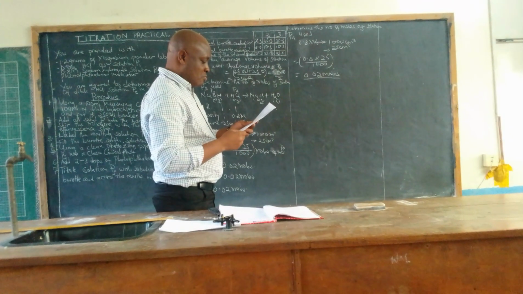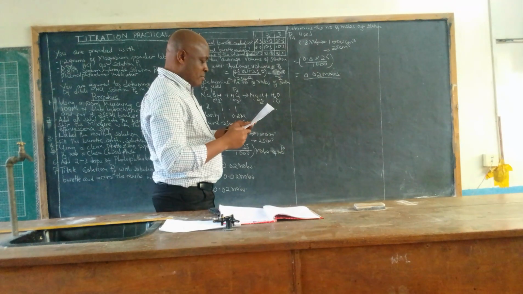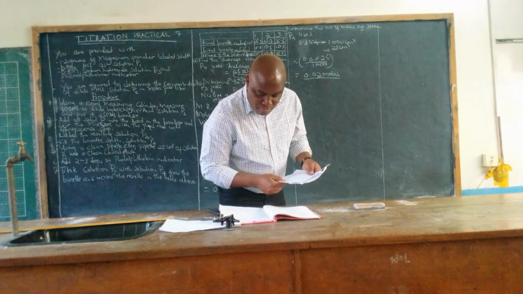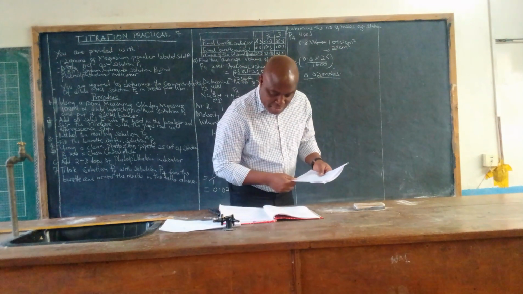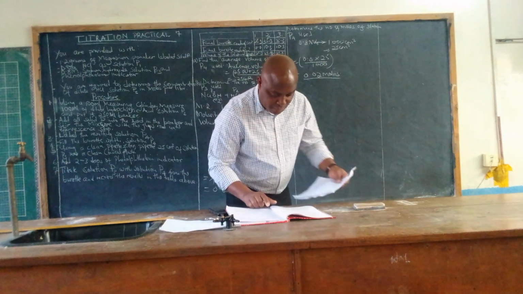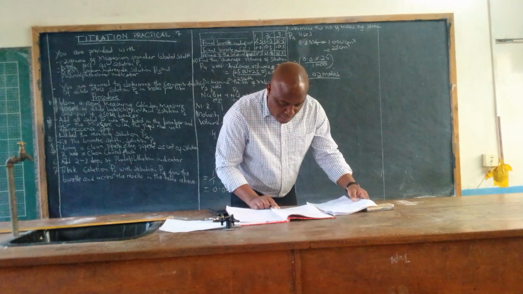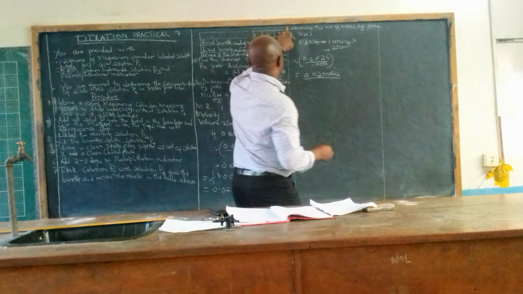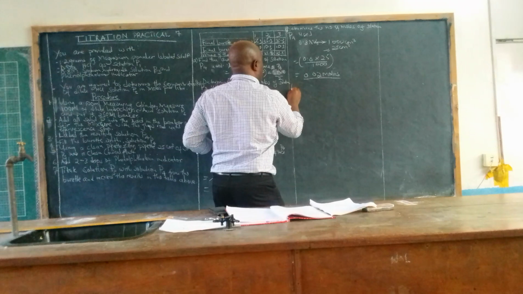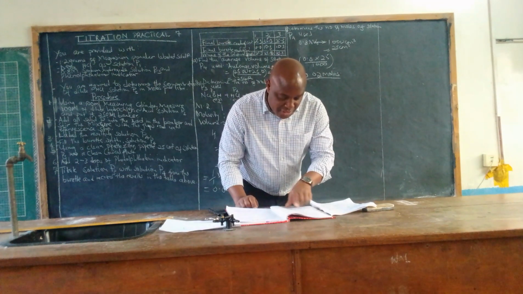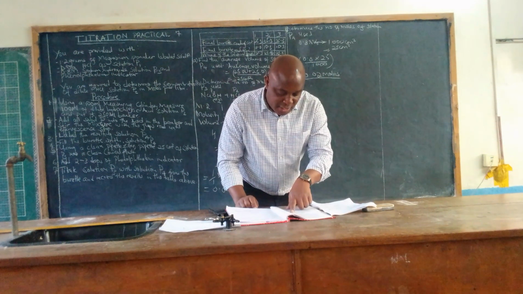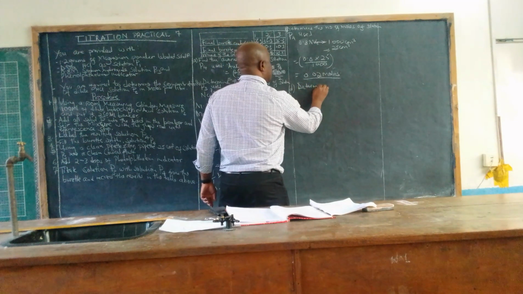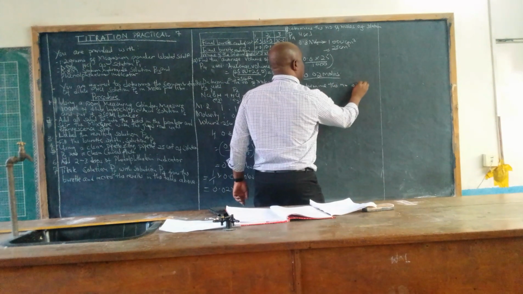This is A, B, this is C, then we answer now D. D, it says that determine the number of moles in 100 cubic centimeters of solution P4.